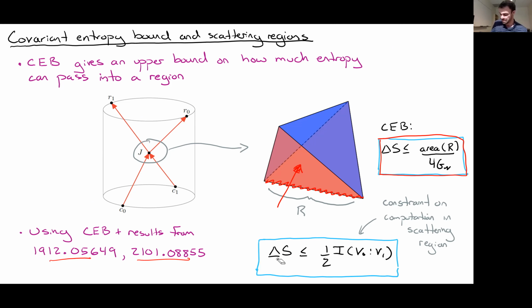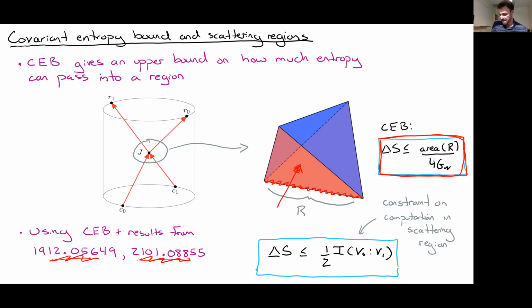Okay, yeah, sorry. So we have this statement from the CEB that the entropy is bounded above by the area. From these papers and the gravity story in these papers, we can relate that area to the mutual information in the boundary.